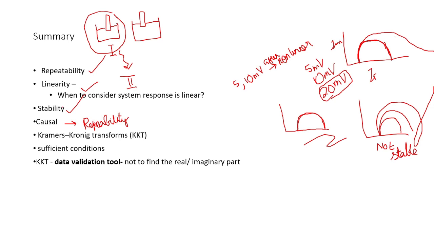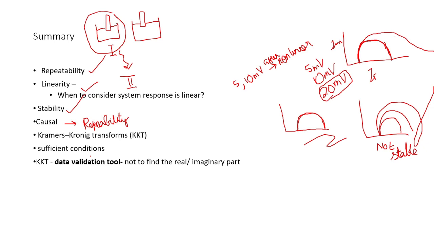Now, coming to the validation. Then we came to the Kramers-Kronig transform. Why KKT? I get data, and to check whether it's linear or not is sometimes not possible by experiment. You do the experiment at 5 millivolt, 10 millivolt, then repeat it at 15, 20 to check whether it is linear or whether I am getting a different reading.